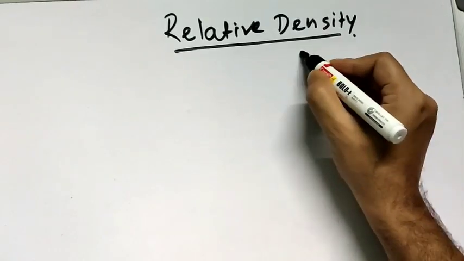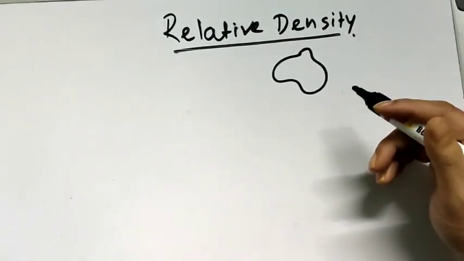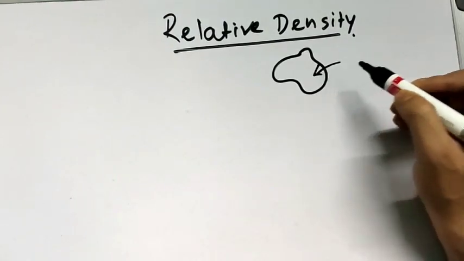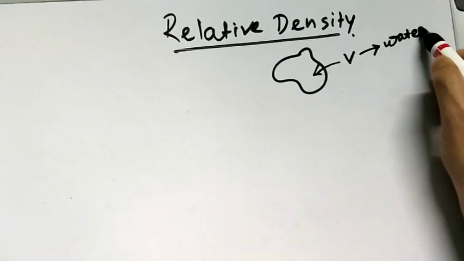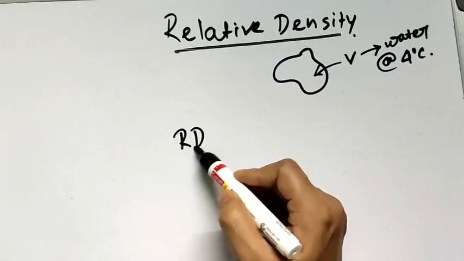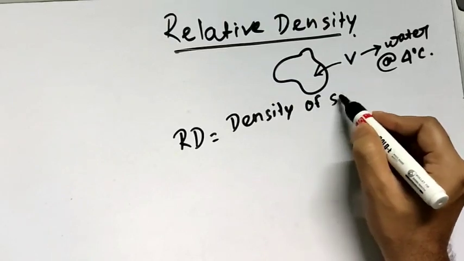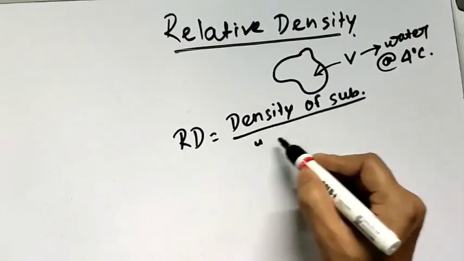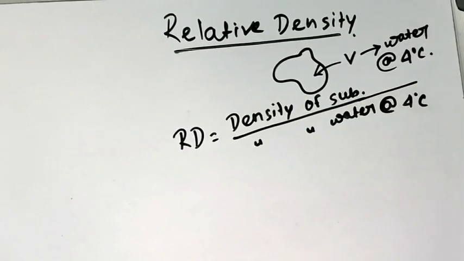Now if we have a substance which has the same volume as water at 4 degrees centigrade, suppose this substance has a volume which is equal to the water volume at 4 degrees centigrade, then how are we going to calculate the relative density? As we know, relative density is the density of substance by density of water at 4 degrees centigrade, right?